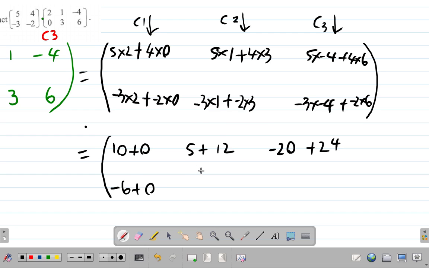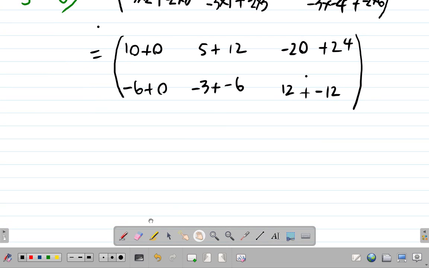Negative 3 by 1, that's negative 3, plus negative 2 by 3, negative 6. Negative 3 by negative 4, that's positive 12, plus negative 2 by 6, that's negative 12.